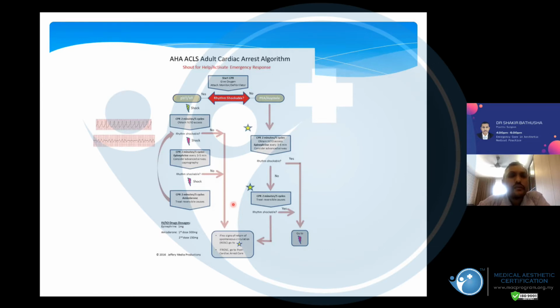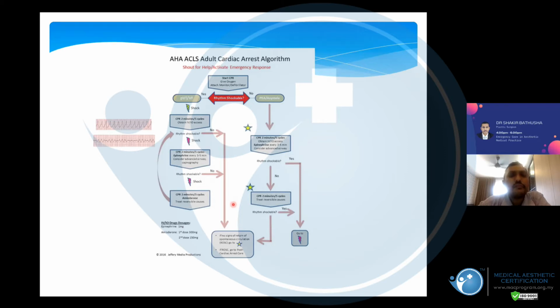Once the shocks are given, CPR is commenced for 5 cycles, and then you recheck the patient again. If the rhythm is not shockable and there are signs of return of spontaneous circulation, you can put the patient into recovery position till help arrives.